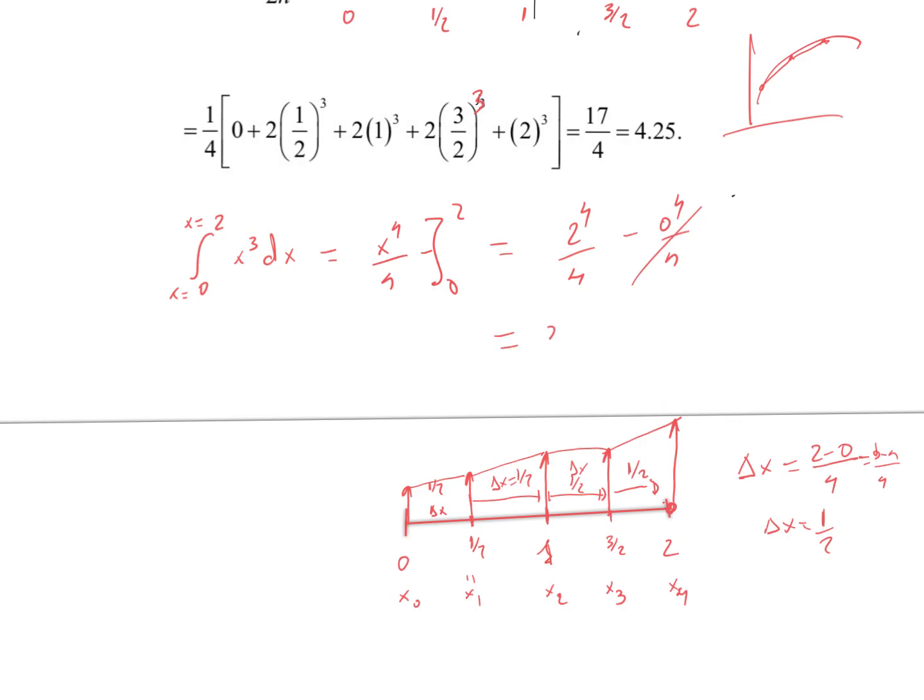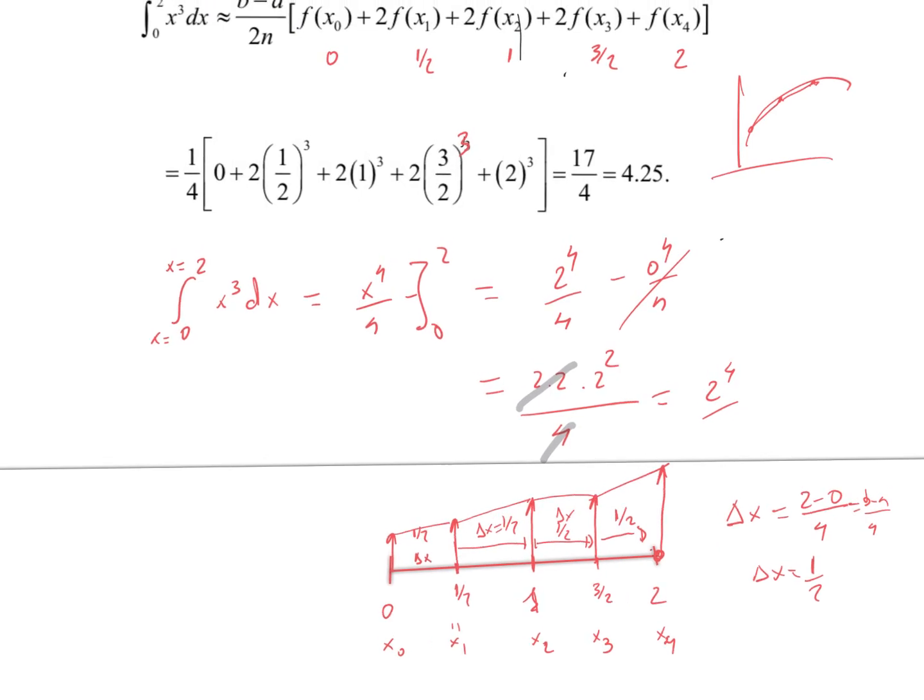So it will be 2 squared. So the actual area is smaller than the trapezoidal rule result. It means that the curve is not doing what I said. The curve is doing something like this.